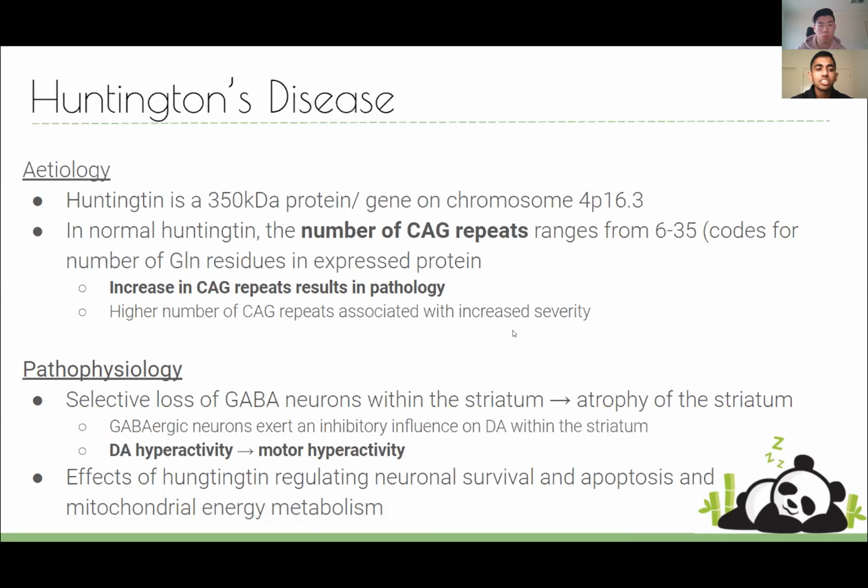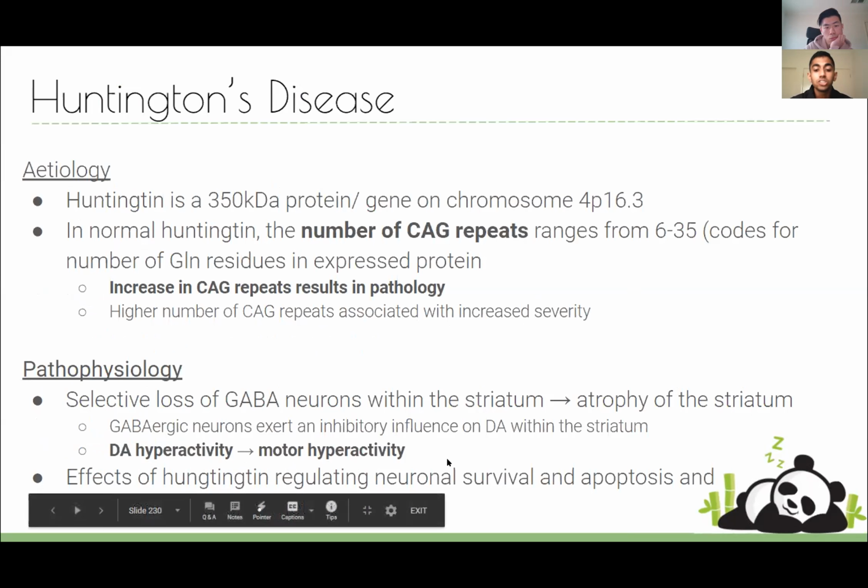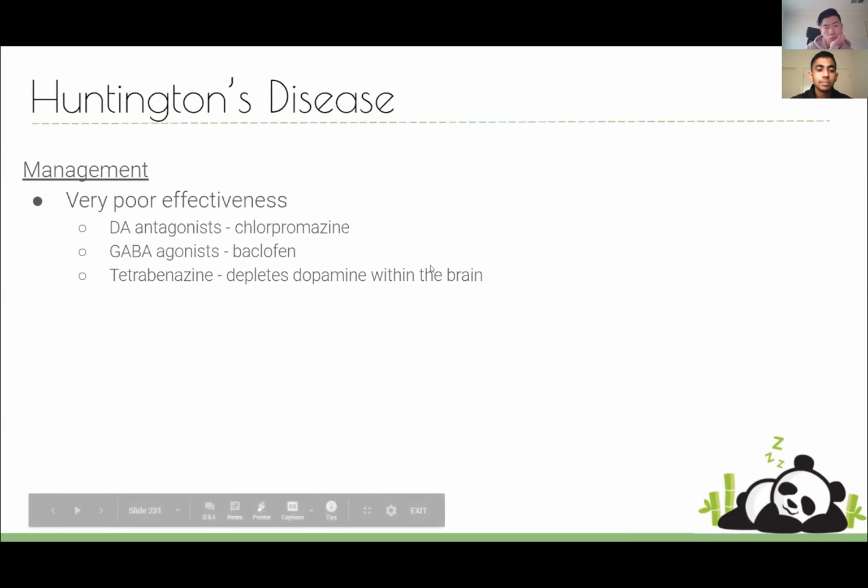And the pathophysiology is kind of opposite to our Parkinson's, because we've got dopamine hyperactivity. We've got too much dopamine almost, because we've got a loss of our GABA neurons, a loss of our inhibitory neurons. And that's pretty much all you need to know. And these are some of the drugs that we use, but they're not very effective.